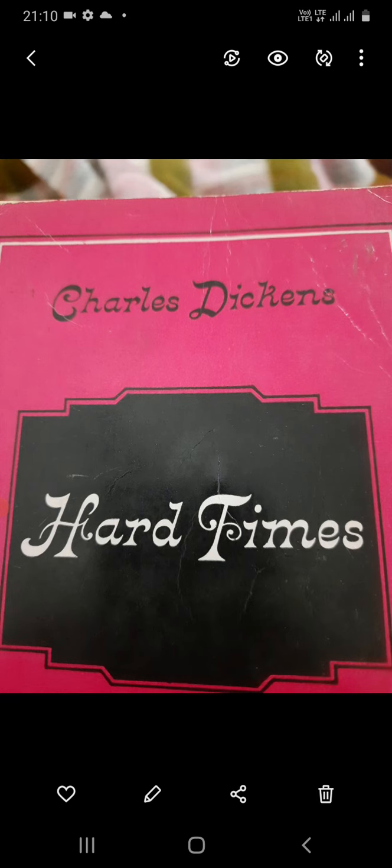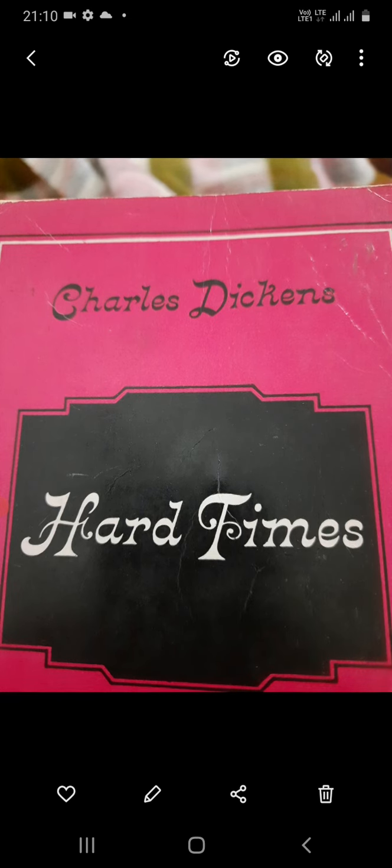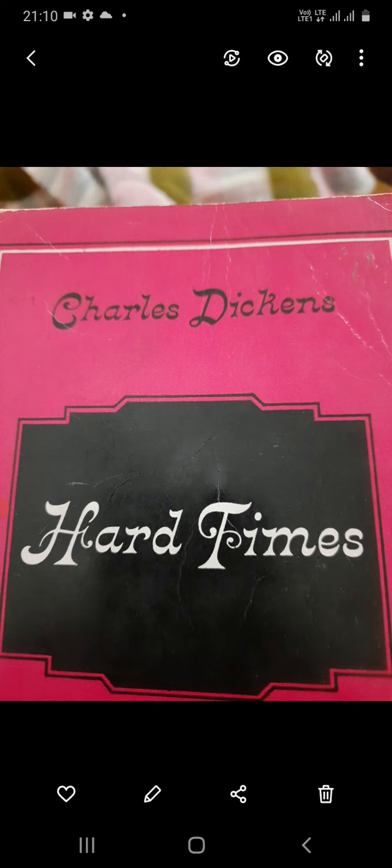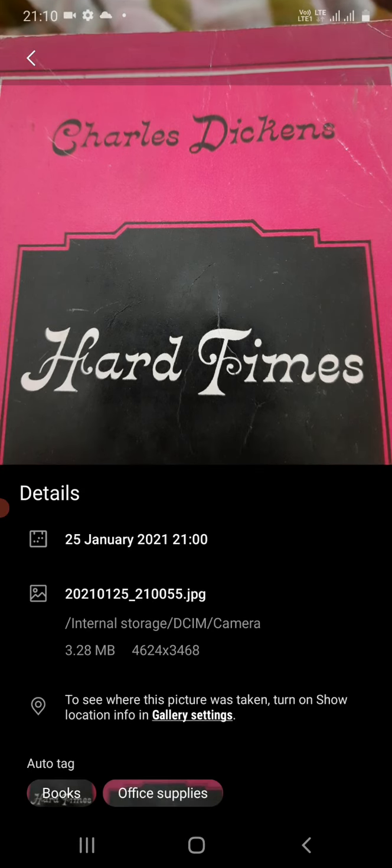Thomas Gradgrind, with all his emphasis on an education which should be rigidly based on facts and without emotion, represents the importance of facts, figures, or statistics. Now, this theory of education is harmful.